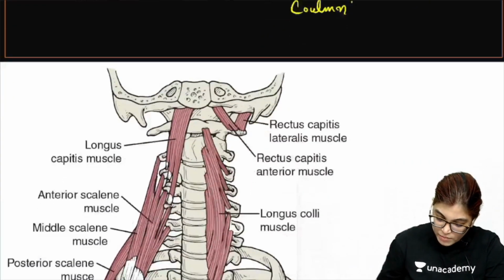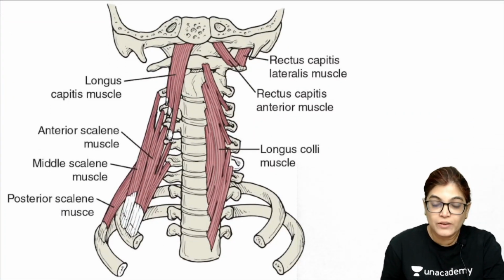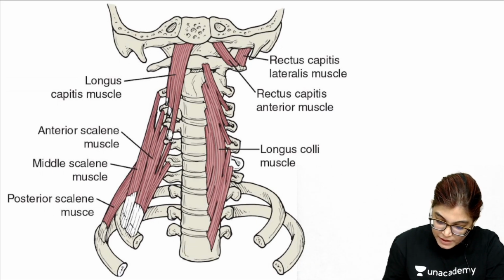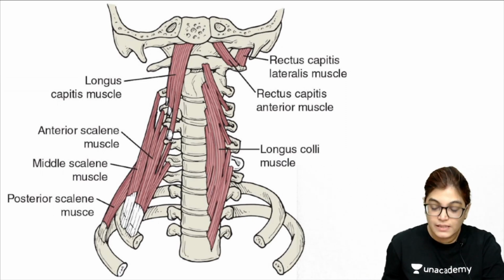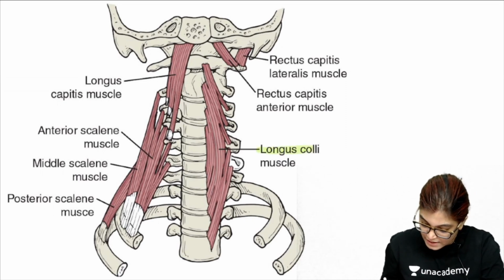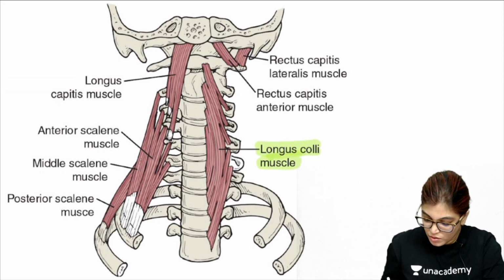Now let me tell you about all the prevertebral muscles. In this diagram, let me highlight it. The first muscle is Longus coli muscle.